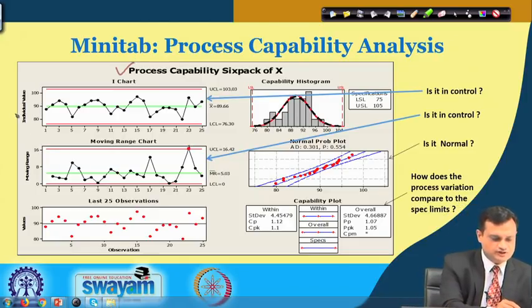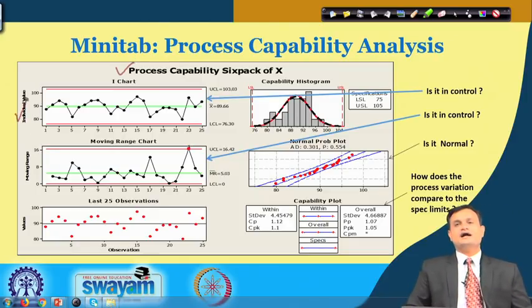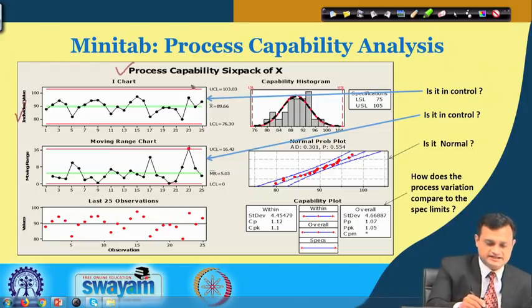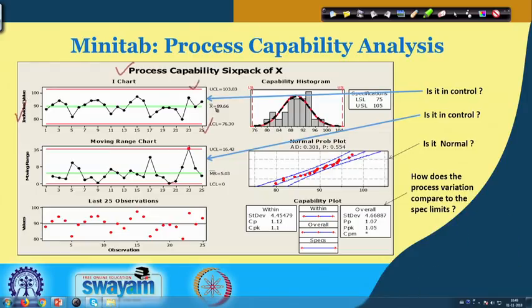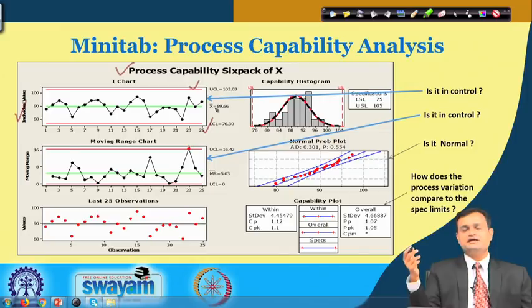If you see the first one, the individual value I chart, it helps you understand whether there are some outliers or readings falling outside the upper control limit or the lower control limit. If you recall, I emphasized that in order to conduct your process capability analysis, your process must be in a state of statistical control.